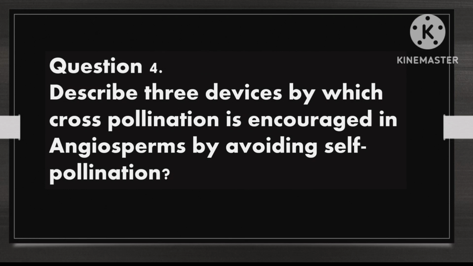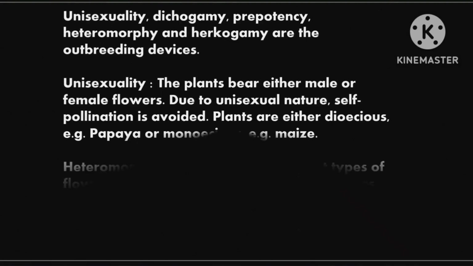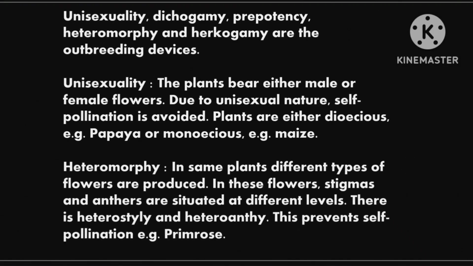Next question, question number 4. Describe 3 devices by which cross-pollination is encouraged in angiosperms by avoiding self-pollination. Unisexuality, dichogamy and prepotency, heteromorphy and herkogamy are the outbreeding devices.